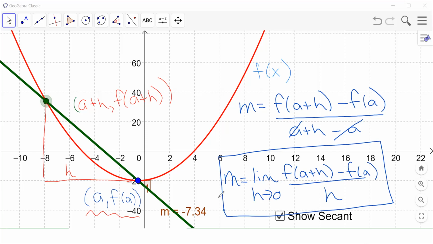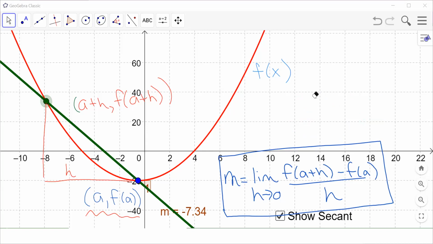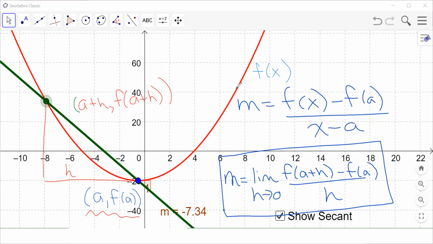So we've got 2 ways, friends, that we are going to write the slope using limits. We've got that one. We've got this one. They both do the same job. It was just that we had 2 geniuses working on a problem at the same time in different parts of the world.